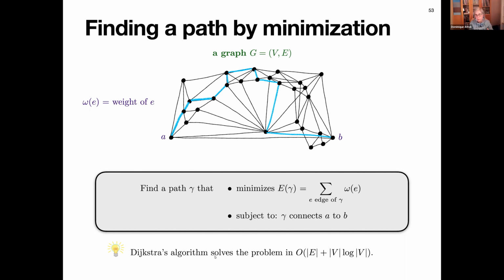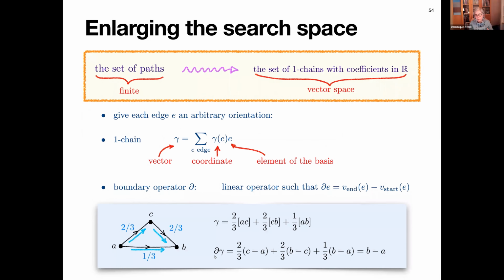So there is a trick here that we can use, which is to enlarge the search space. That is, we are going to replace the set of paths by a vector space, which consists of the one-chains with coefficients in R. So we give each edge in the graph an arbitrary orientation, and the one-chain is just a vector written in a basis formed by those oriented edges.